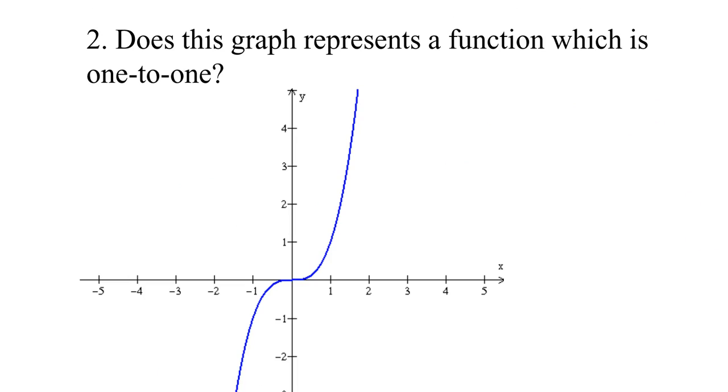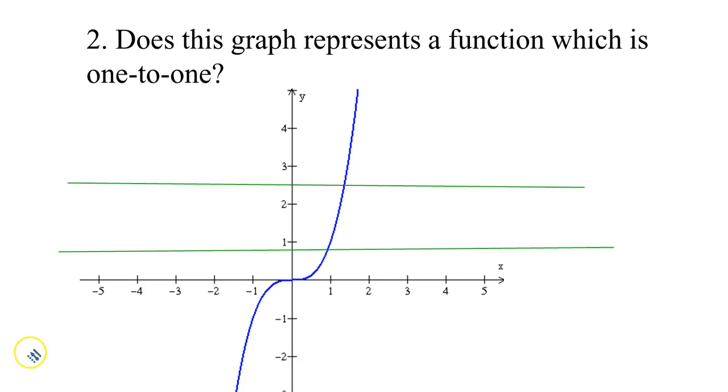One more graph. I like to put this one on here because this one looks like it's flat through here, but if we could blow this up really big, it is not flat through here. When you have a place like this, that's probably not the best place to draw your horizontal line, but I can draw a horizontal line here, and here, and down here. None of these cross but at one point.